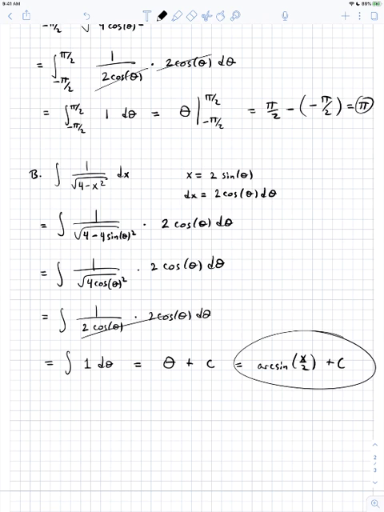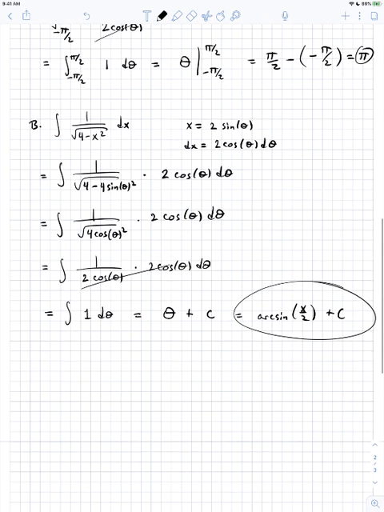Now, in fact, we didn't have to use trigonometric substitution to do this problem. You could have done a regular substitution, because we know that the derivative with respect to x of arc sine of x is equal to 1 over the square root of 1 minus x squared, which is very close to the thing we were integrating, which is why our antiderivative was arc sine of something, arc sine of x over 2.